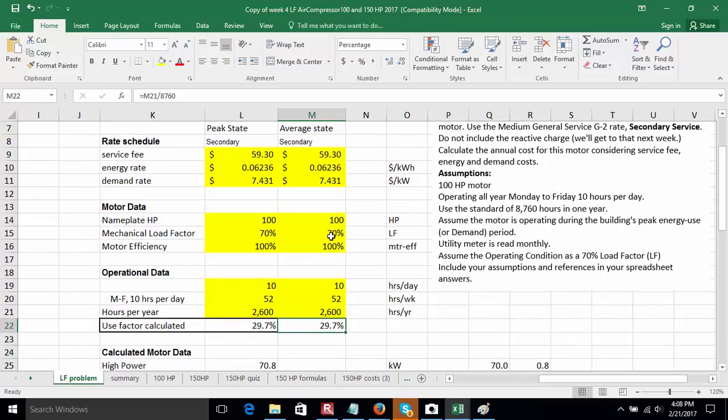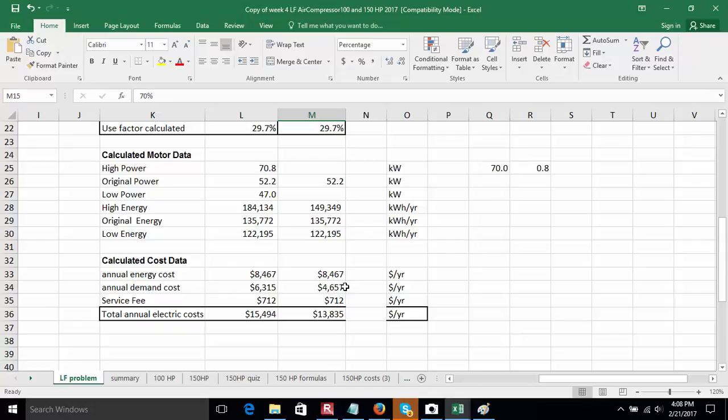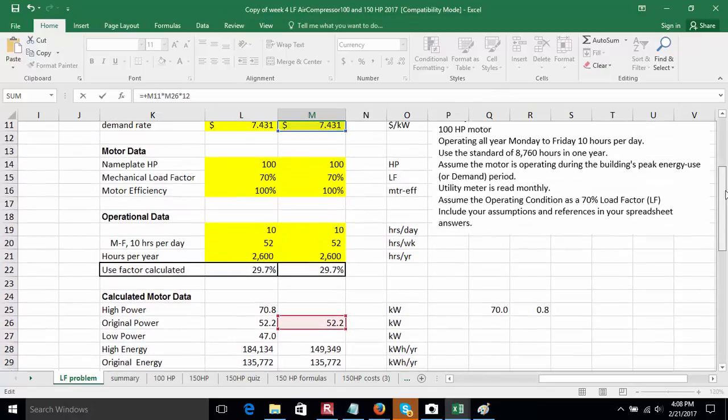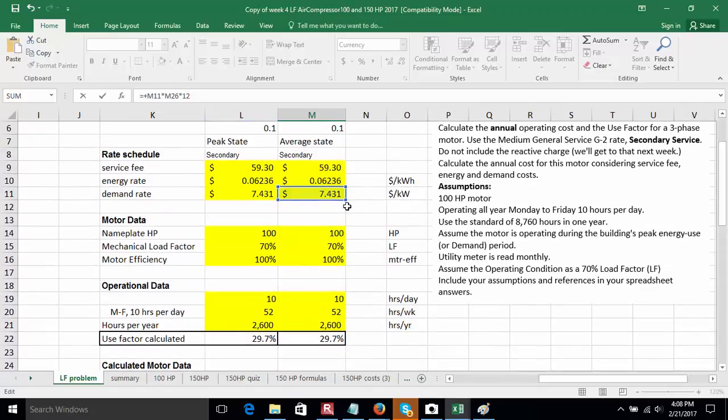And then there's our load factor, which comes in. And then finally, to calculate the demand cost, we're multiplying the power times the demand rate on a monthly basis.